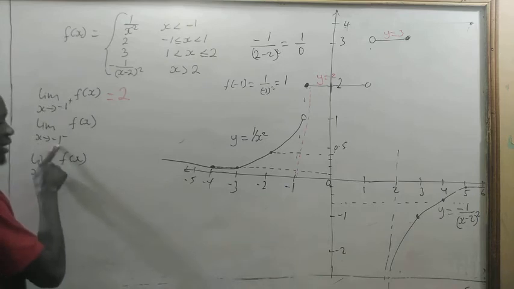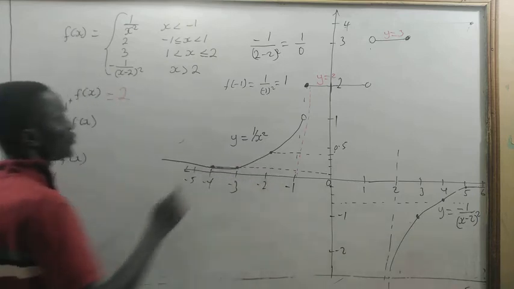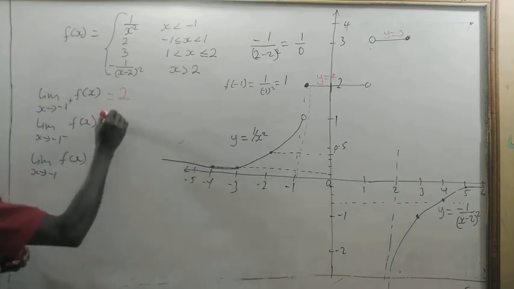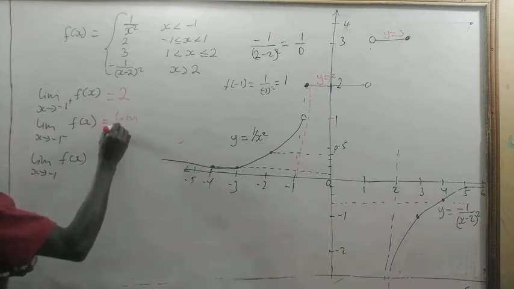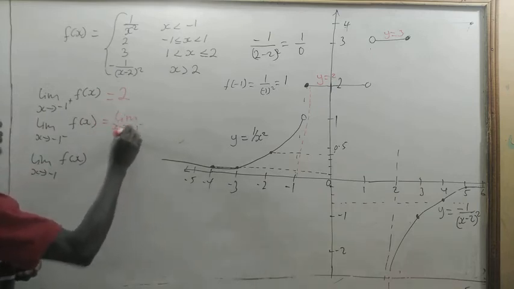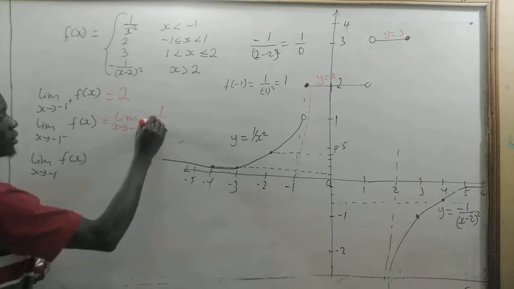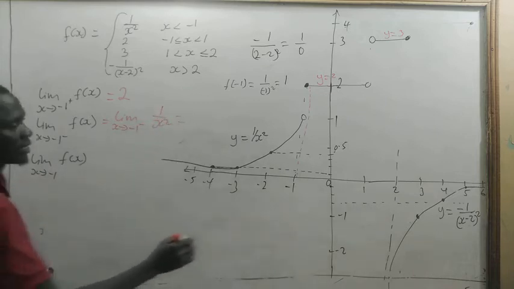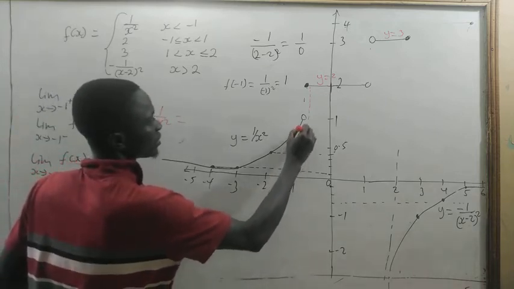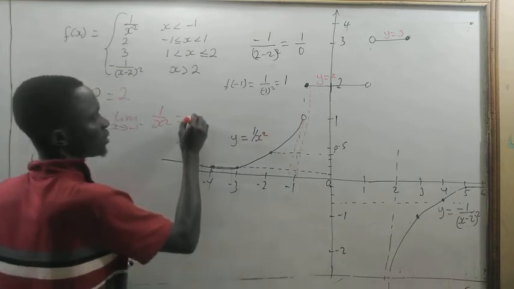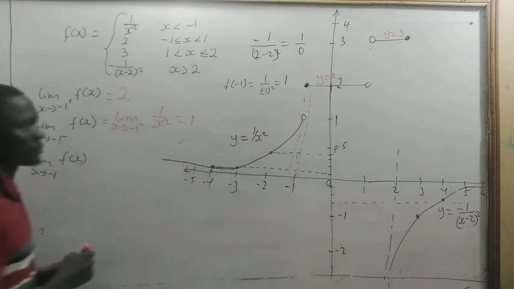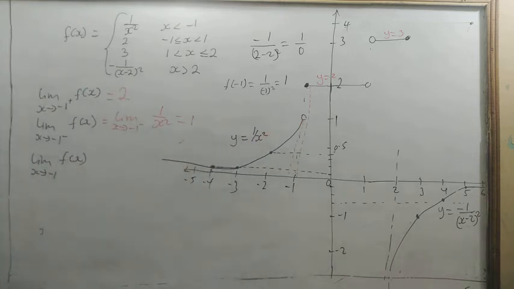So as x approaches -1 from the left, we are going to use this one. The limit as x approaches -1 from left, 1 on x squared. And if we trace it, we are getting to where? 1. Very simple as that.